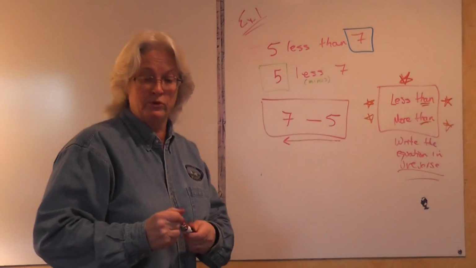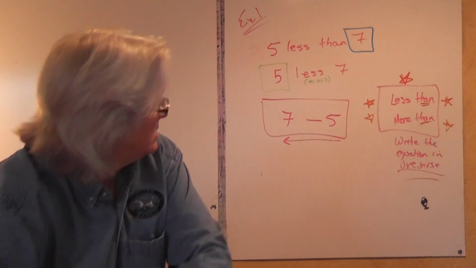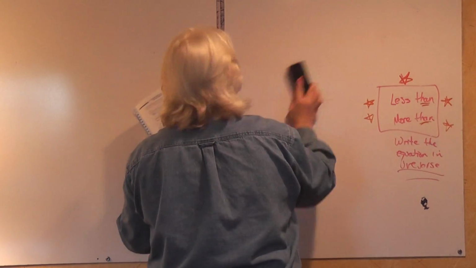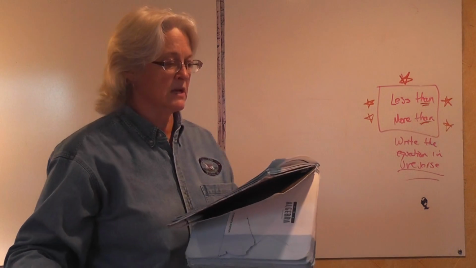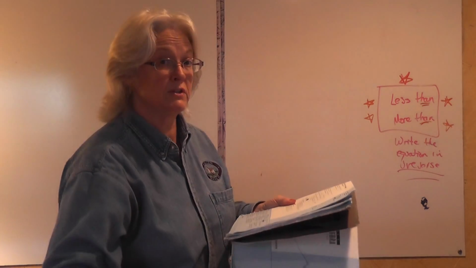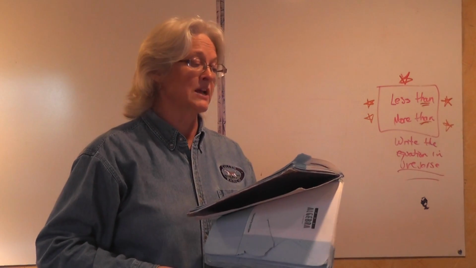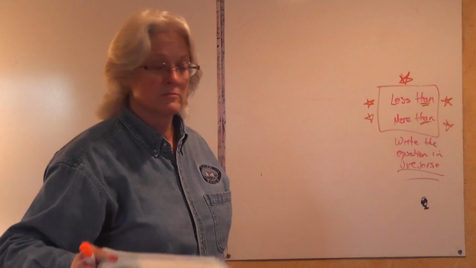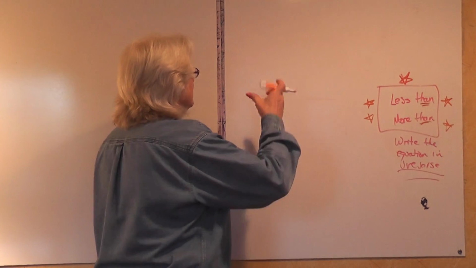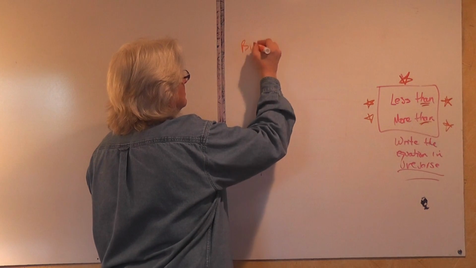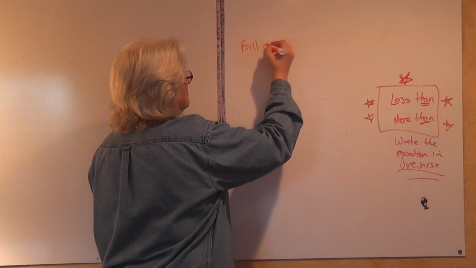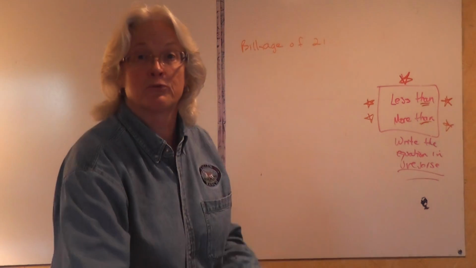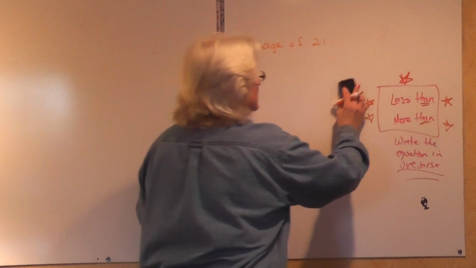They have another example in your book here. This one is addition. Bill's age of 21 is 3 more than twice Jan's age.